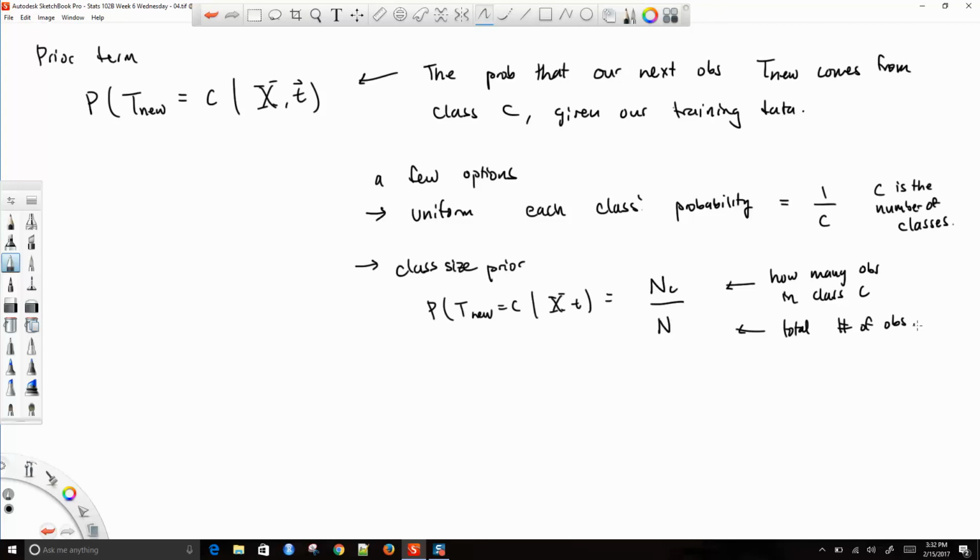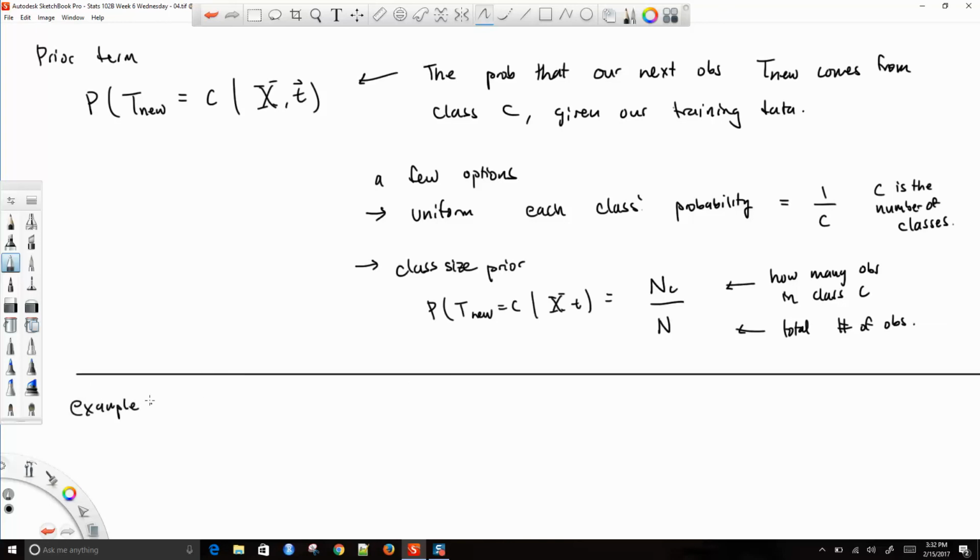Let me do a small example here. Let's say we're going to build a Bayes classifier.